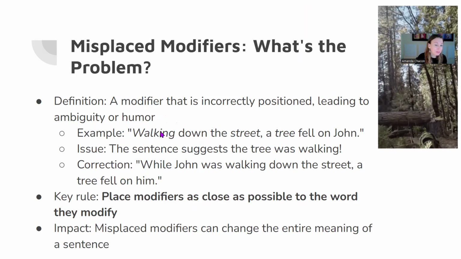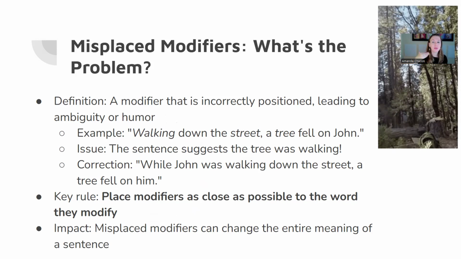So it sounds like the tree is walking down the street. Okay, first of all, this is a terrible sentence, and we hope this doesn't ever happen. But that's not what happened in the sentence, right? A tree fell on John. John was walking down the street, and then a tree fell on him.